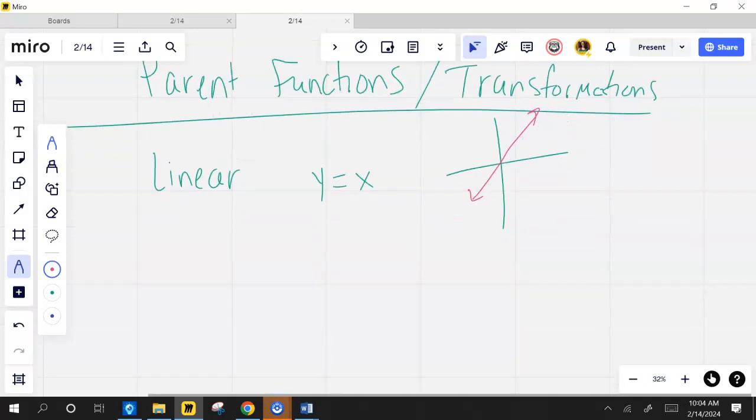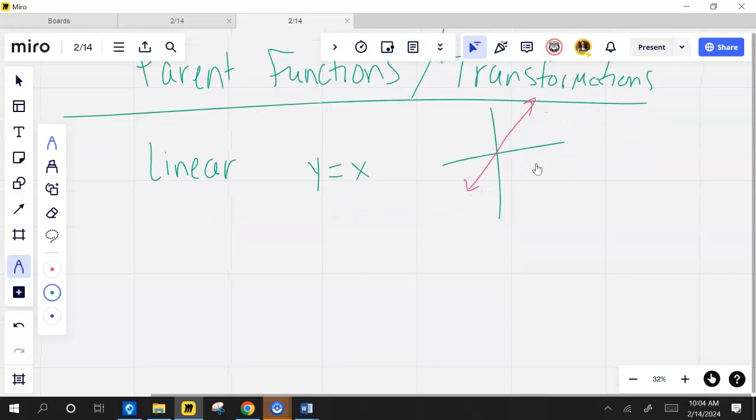The second one is quadratic. What do you think the parent graph equation looks like for quadratics?